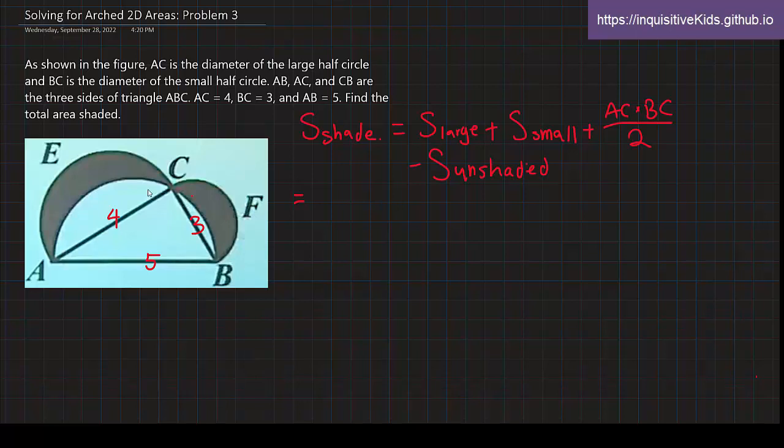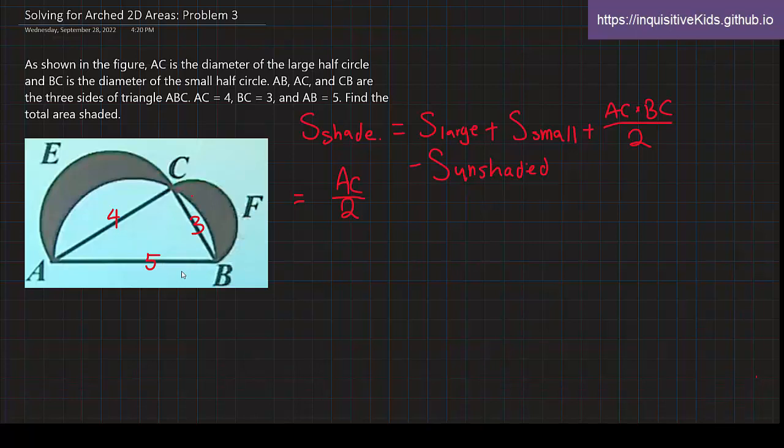So for the large, that's right here, it has a diameter of 4. So it means that large is going to be, right, this is half of AC. So AC divided by 2. And since we're using AC and BC here, we're just going to use AC instead of the 3, 4, and 5, because in the end, after everything is simplified, we can always substitute that in.